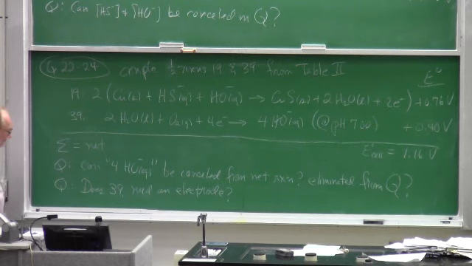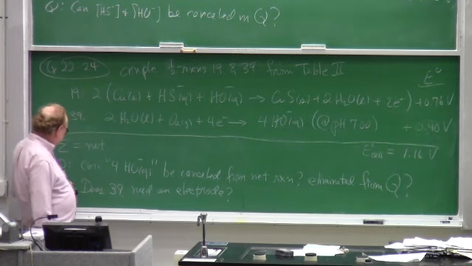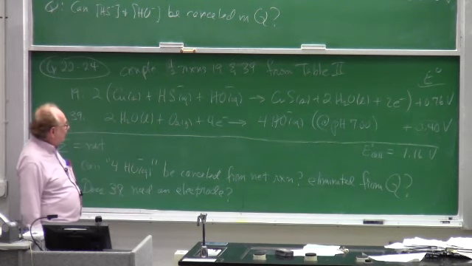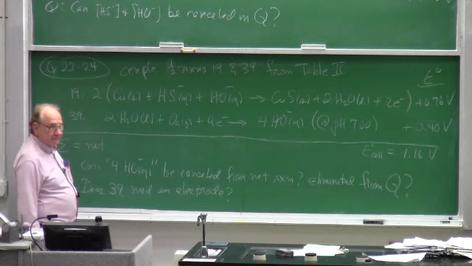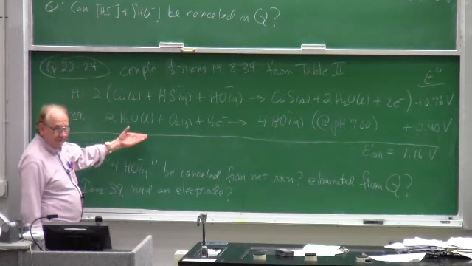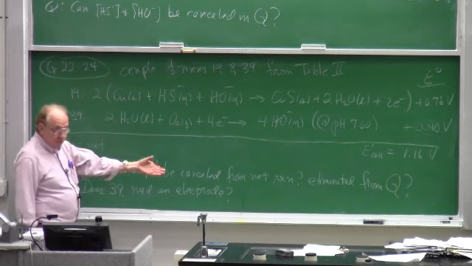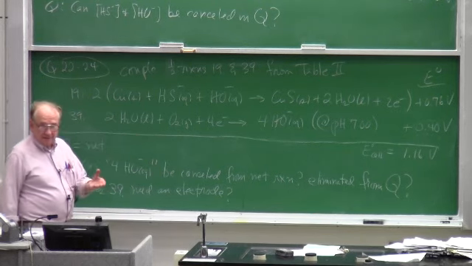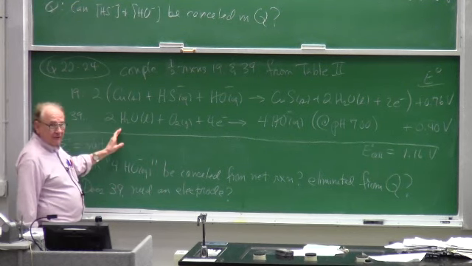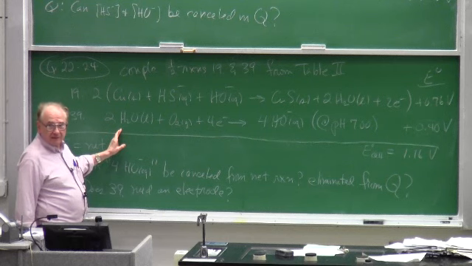All right? So then, for this, can the hydroxide ions be canceled from the net reaction? For this system, well, of course, if the hydroxide ion in the anode half cell and cathode half cell are at the same molarity.